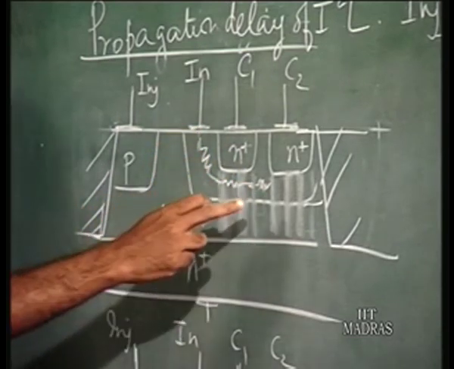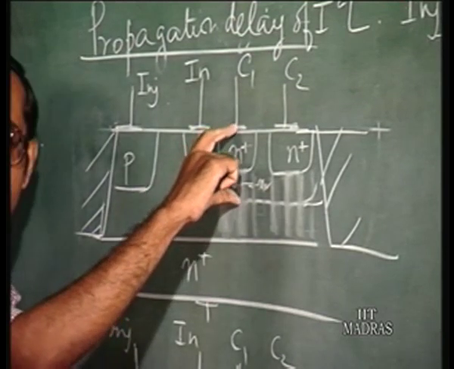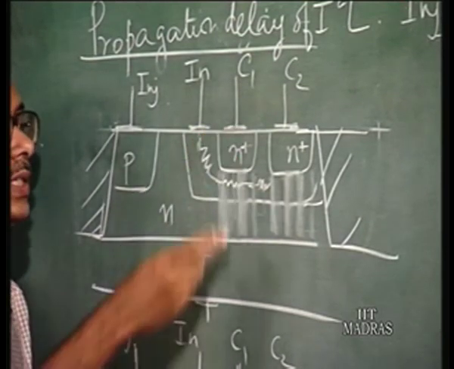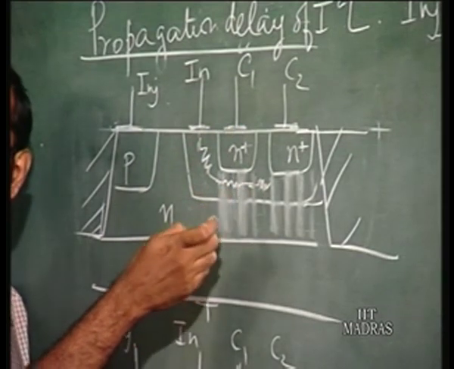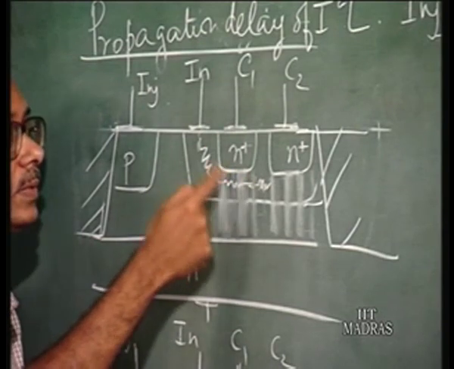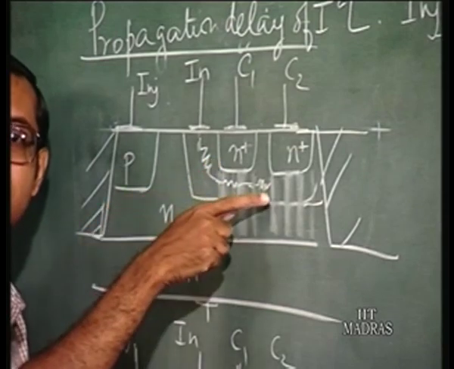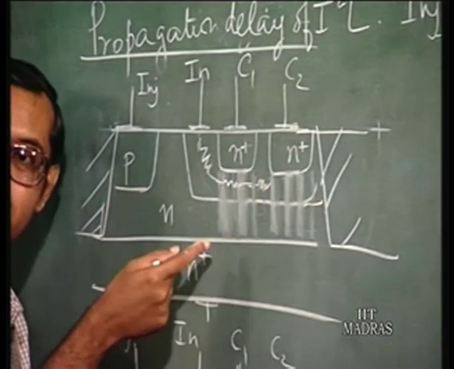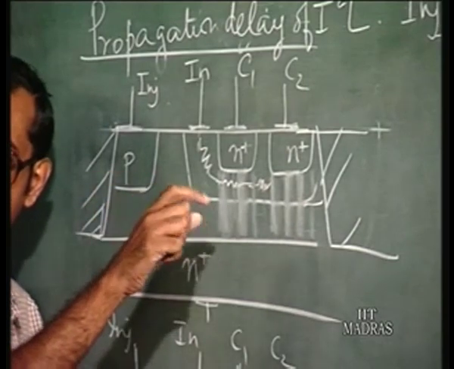There is a large series resistance. If you have a transistor like this, which region is the series resistance going to be more? It is going to be under the collector diffusions. Resistance is inversely proportional to cross sectional area, isn't it?